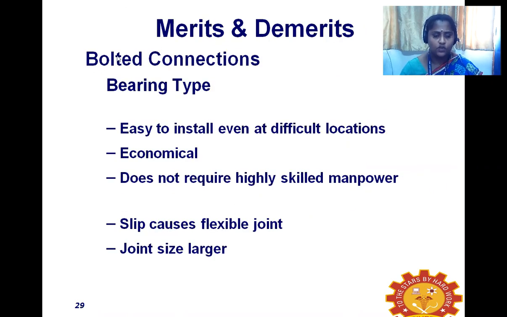Now coming finally to the merits and demerits of bolted connections. In the case of bearing type, it is easy to install even at different locations. It is economical and does not require highly skilled manpower. The demerits are that slip causes a flexible joint and the joint size will be larger.